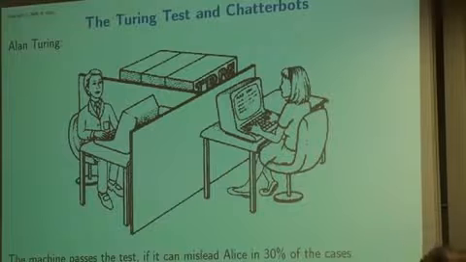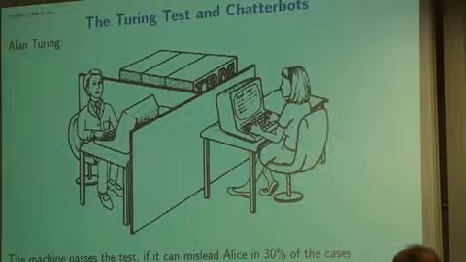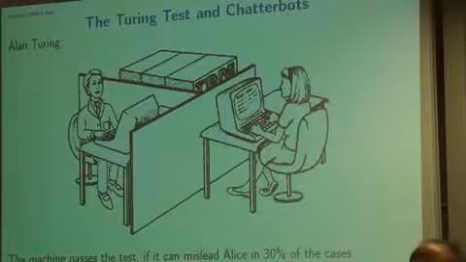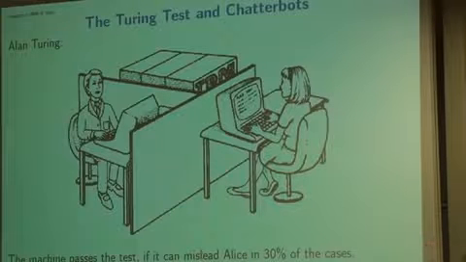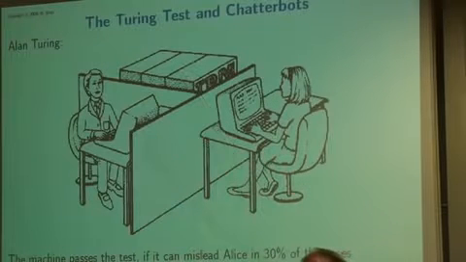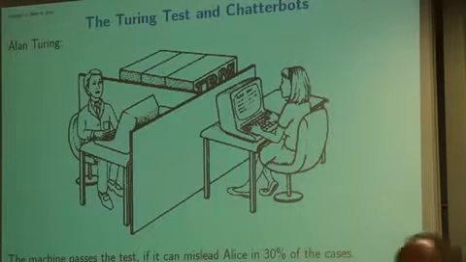So Turing defined passing the test such that if the computer can mislead Alice in 30% of the cases, then it already passes the test. And I don't remember, I think he even gave a time limit like 5 or 10 minutes. So if within 5 minutes, the computer with a probability of 30% can fake Alice, then it passed the Turing test.